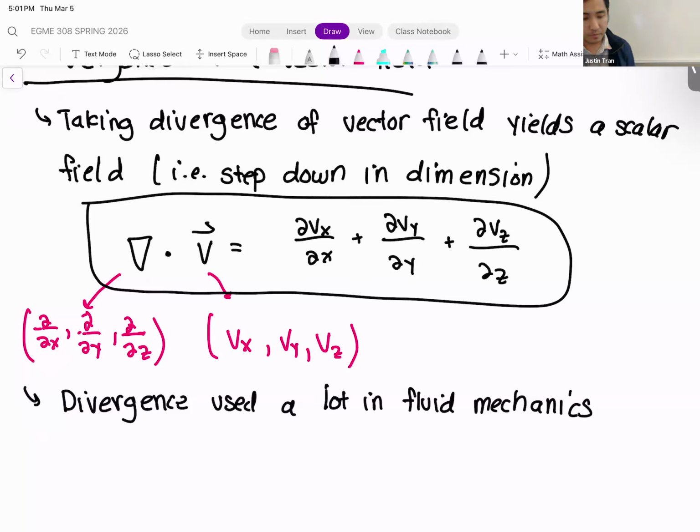Specifically, you'll see the divergence used whenever we are considering conservation of mass.